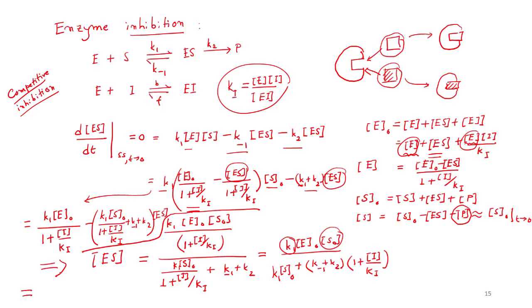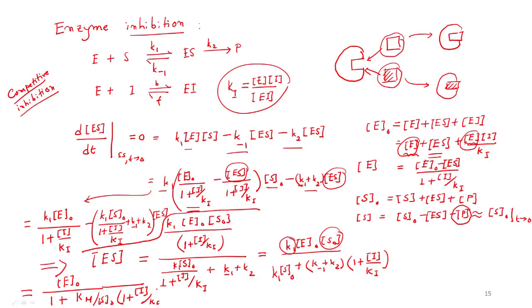We'll write it as dividing the numerator and denominator by K1 into S0. So we'll have nothing but E0 divided by 1 plus K minus 1 plus K2 divided by K1, that we called the Michaelis constant Km, divided by S0, multiplied by this factor, which is 1 plus inhibitor concentration divided by Ki.